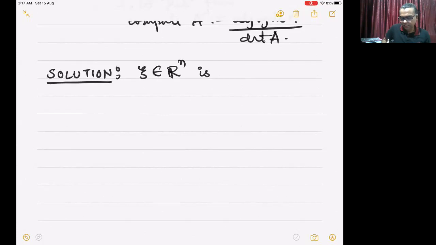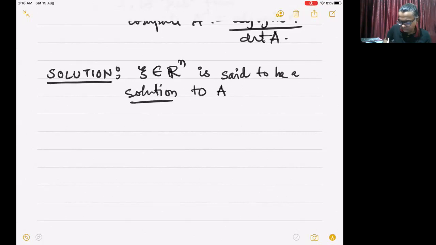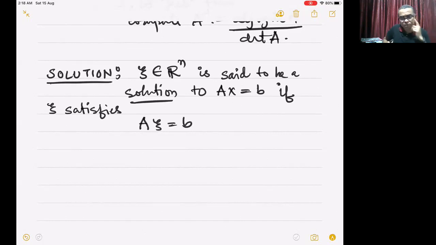So xi in Rn is said to be a solution to the system of equations Ax equal to b if xi satisfies the equation. That means you replace x by xi, it satisfies the equation Ax equal to b, right?